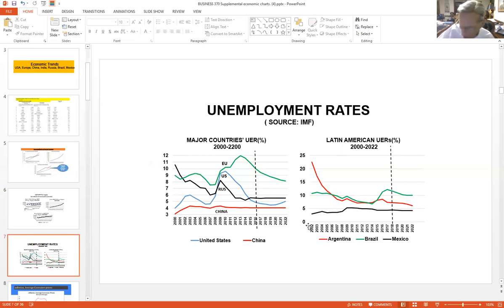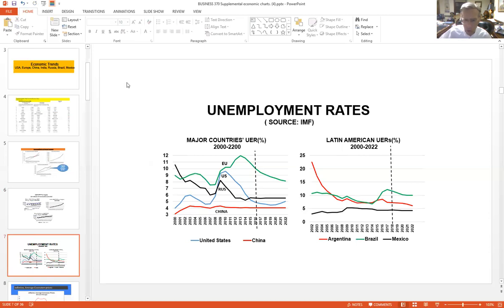So here again, we can see the difficulty in Brazil. Brazil's unemployment rate, because of the very difficult political situation in Brazil and the difficult economic policies of the folks that were in control of Brazil until Mr. Temer, the current president, was elected.